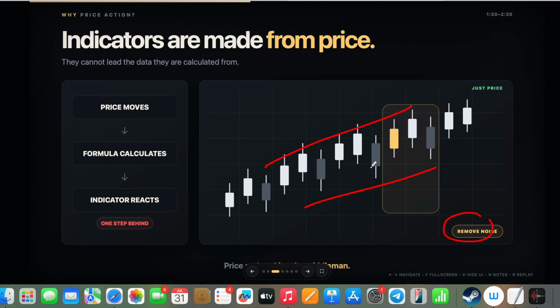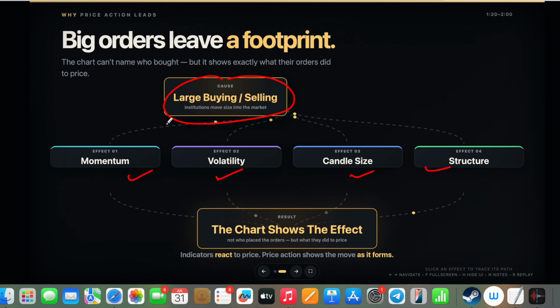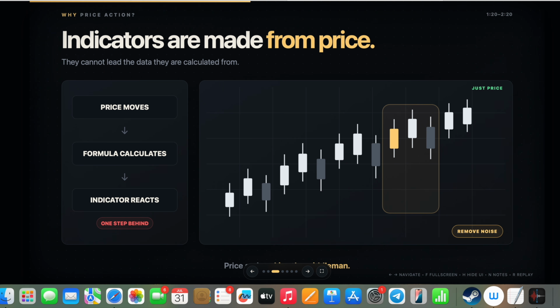When large buying and selling enter the market, it often creates visible change in momentum, volatility, candle size, and structure. The chart cannot tell us exactly who placed the orders, but it can show us the effect those orders had on price. That's why many experienced traders prefer a clean chart like this one. Just price, structure, and key levels. It reduces noise and keeps the focus on what the market is doing right now.